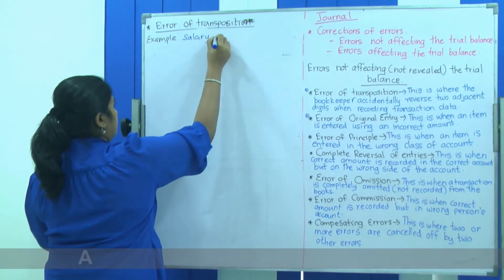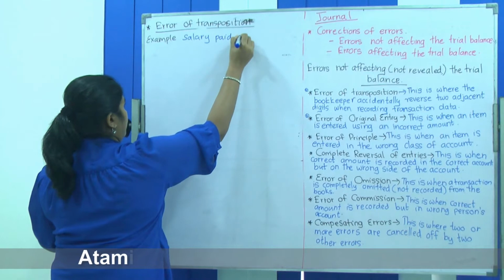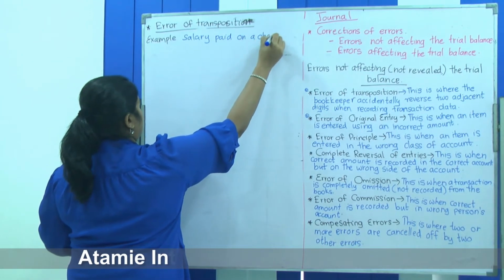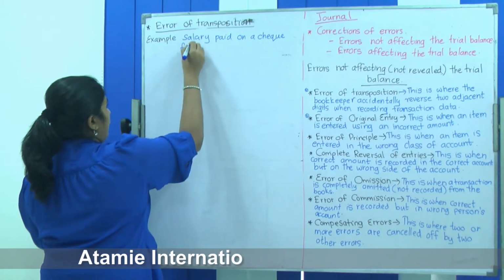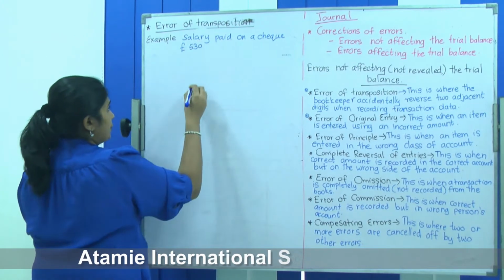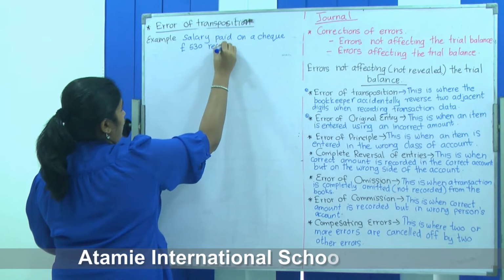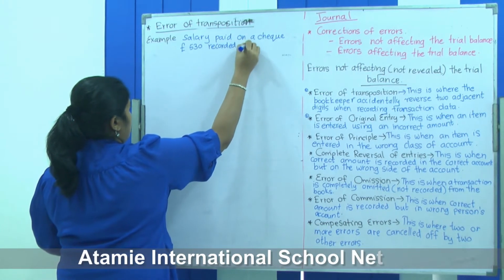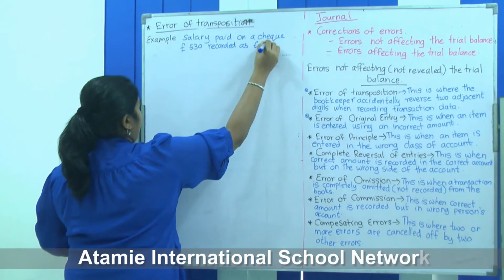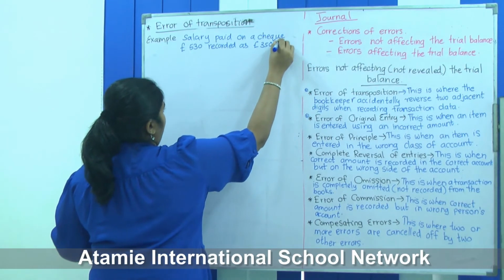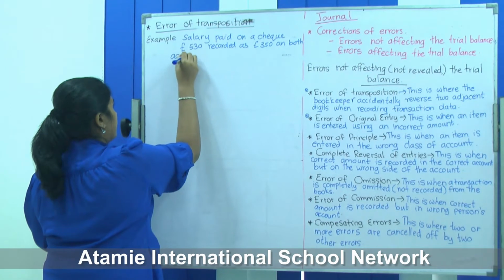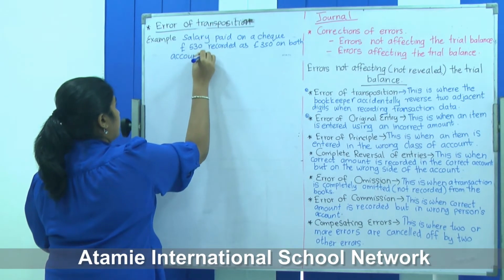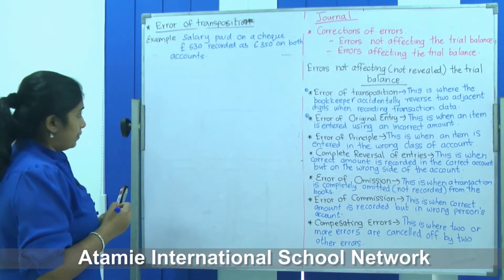Salary paid by check, £530, recorded as £350 on both accounts. It should be on both accounts, and only then does it come under errors of transposition.